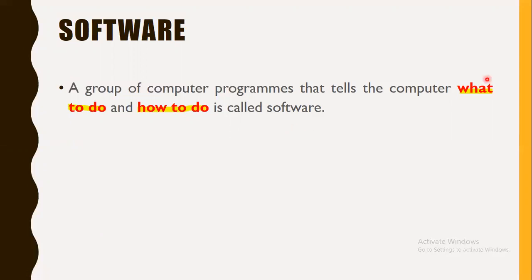So it is an important point that we should know that software tells the computer what to do and how to do. Here it is mentioned that it tells the computer, which means it tells the components of a computer, either hardware components or the software components, what it has to do and how it has to do some specific task.